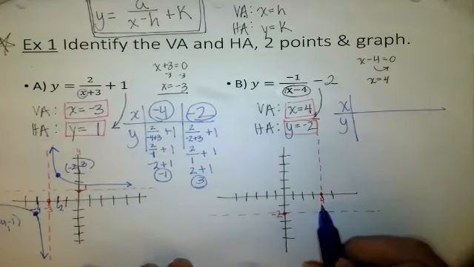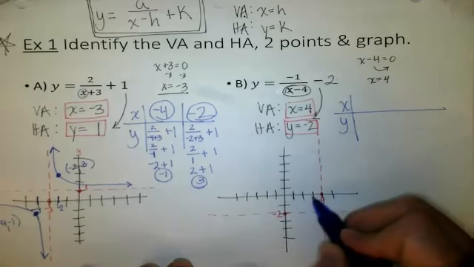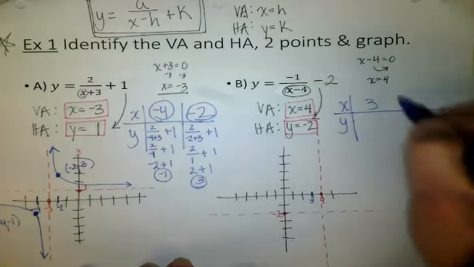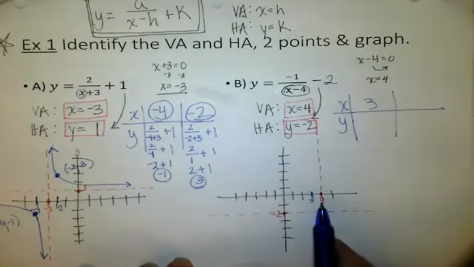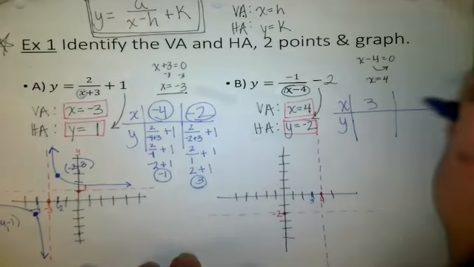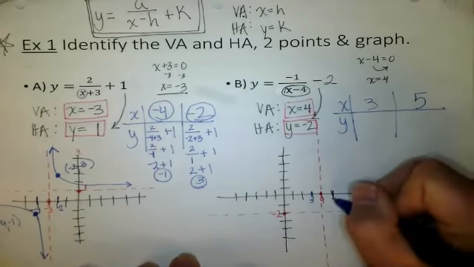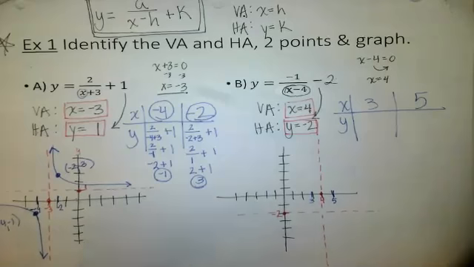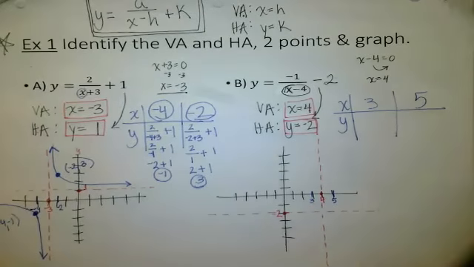What's to the left? 3. Yeah, 3 is to the left, so that's a great number to use. What's to the right? 5. That's a great number to use. Something to the left and something to the right of that vertical asymptote.